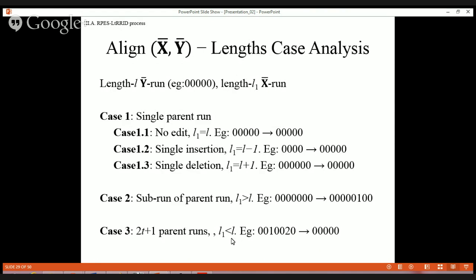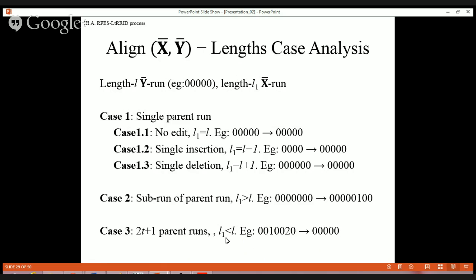In case 3, when L1 equals L minus 1, it leads to a length Ly hat run. This is the case where the first parent run is a length L minus 1 run of the same symbol as the Y hat run, then a single symbol, a length 1 run of a different symbol, and then again a length 1 run of the same symbol as in the Y hat run.